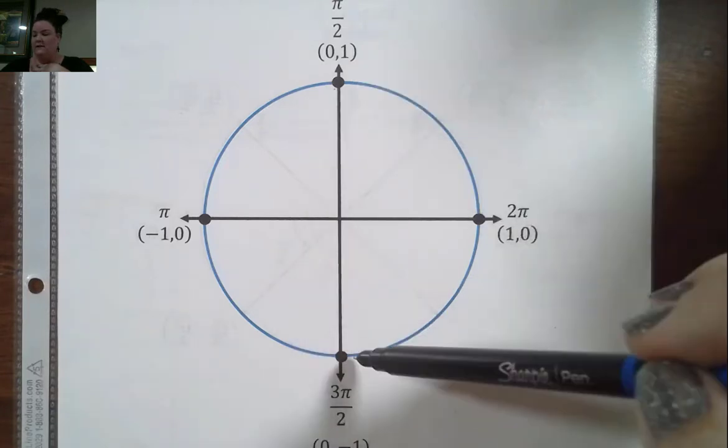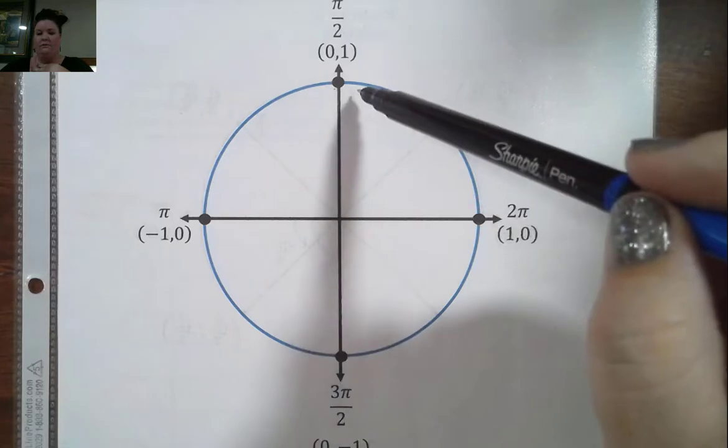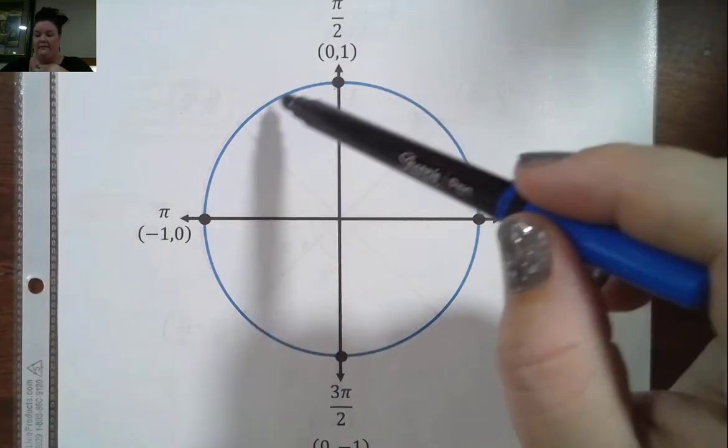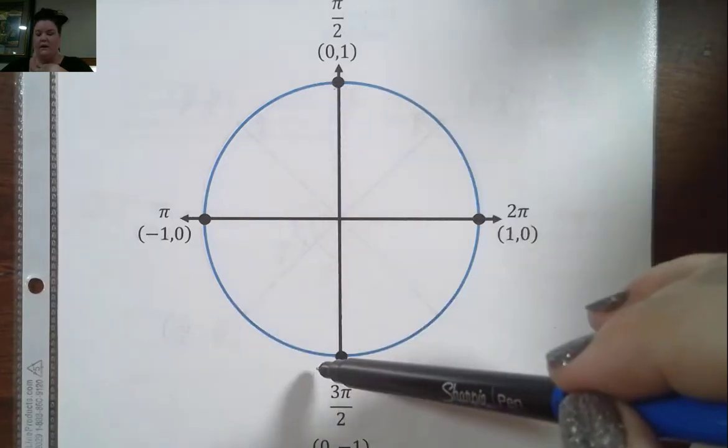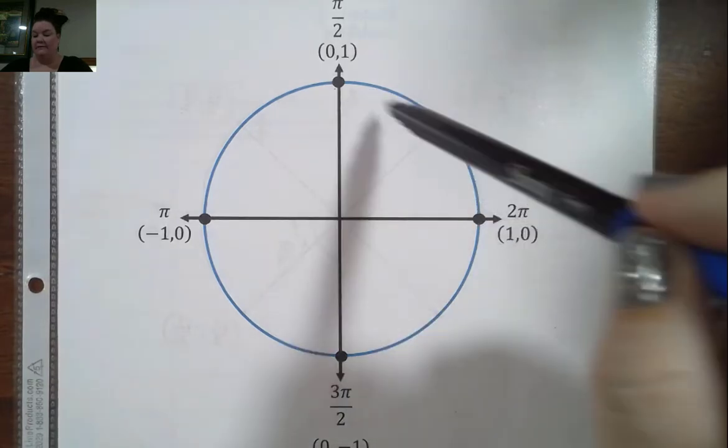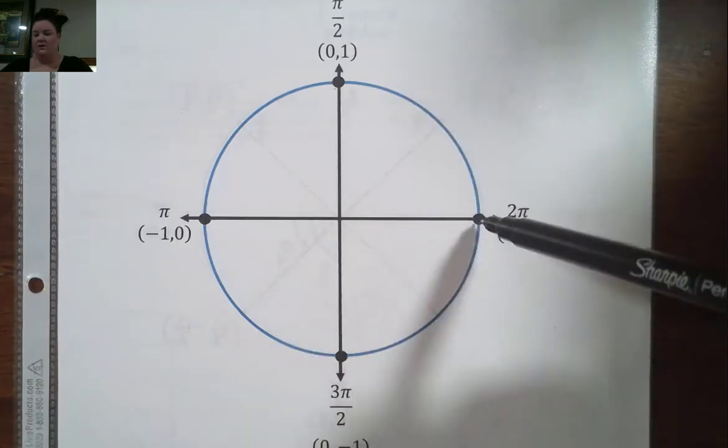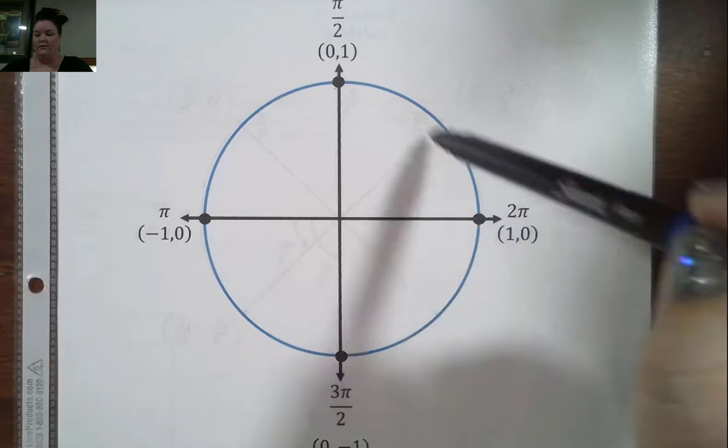So I can use this half of the unit circle, or I could use this half of the unit circle. I'm going to use this half just because we usually start at 0 and go from there.